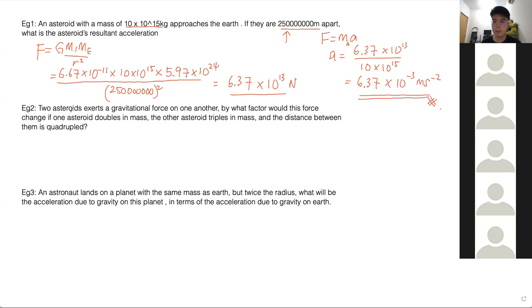Number 2, two asteroids exert a gravitational force on one another.